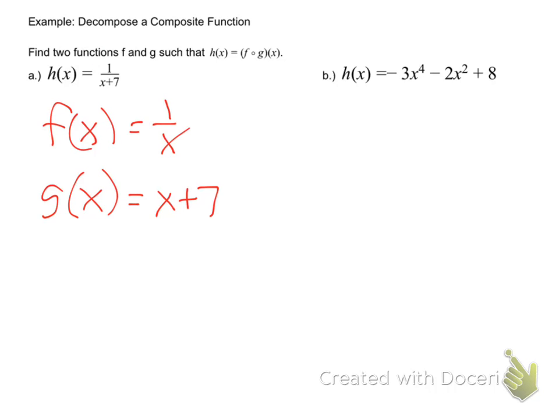Sometimes there's more than one answer. So be very, very careful on this. Like part B, there are multiple parts to this. I think the outside function, this bigger function, doesn't it look like a quadratic to you guys? So, what happens if I did this instead? What does g of x have to equal?